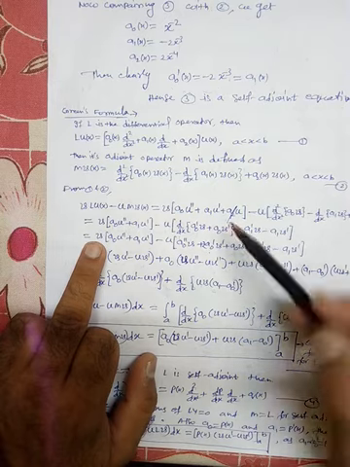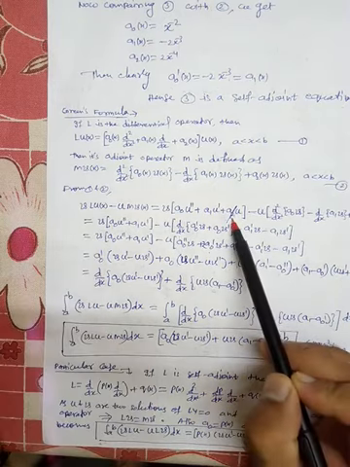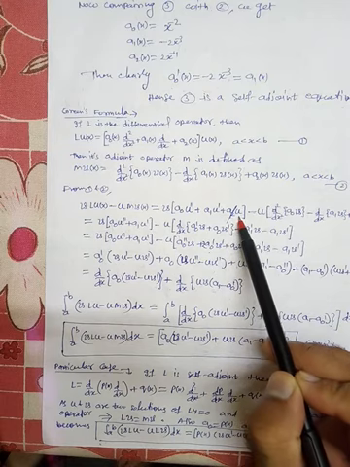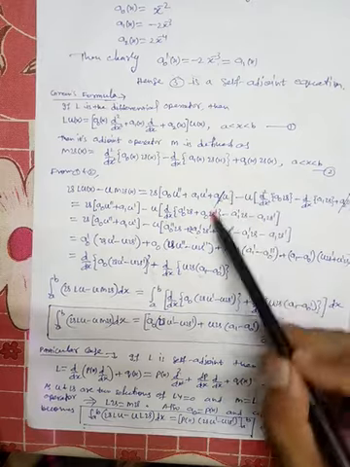Okay, this term is cancelled out with this term, v a2 u, u a2 v, so they are cancelled out.